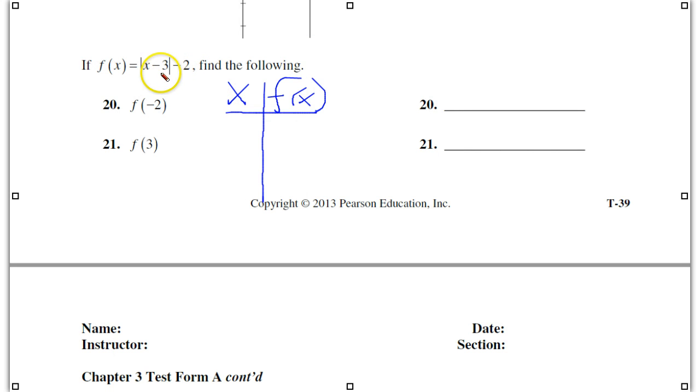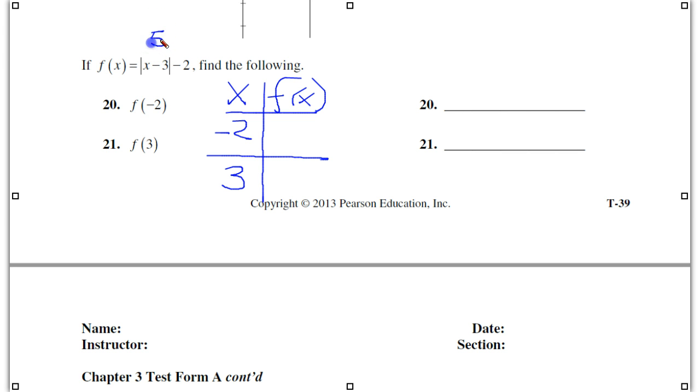Now, we didn't do a lot of work with absolute value in Chapter 3, but we could do this function, I think, okay. So here they're saying our x value is a -2, and here it's going to be a 3. So if we put a -2 and replace it, that'll be a -2, and a -3 is a -5. The absolute value of a -5 is 5.